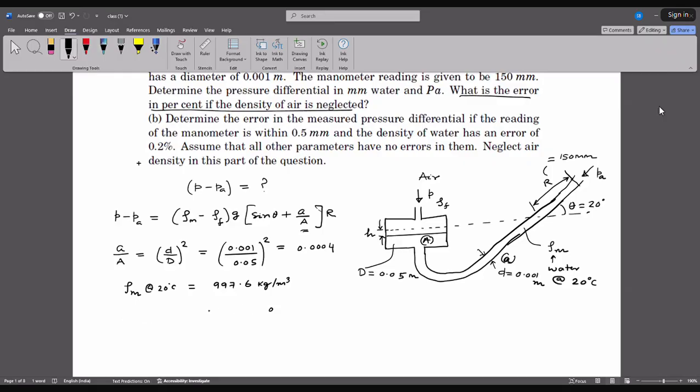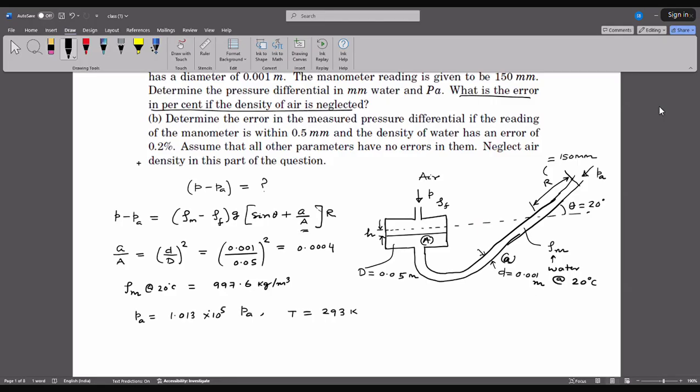So we need to first take the atmospheric pressure to be 1.013 into 10 to the power 5 Pascal, that is the atmospheric pressure. And the temperature is 20 degrees centigrade, that is 293 Kelvin.